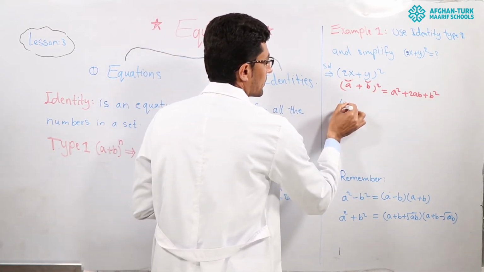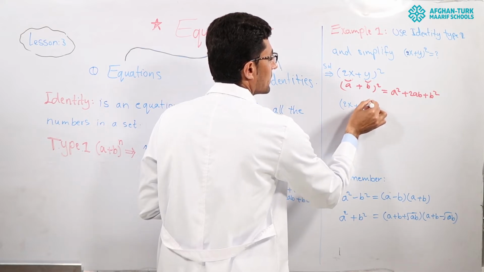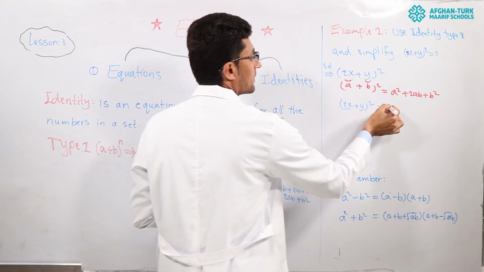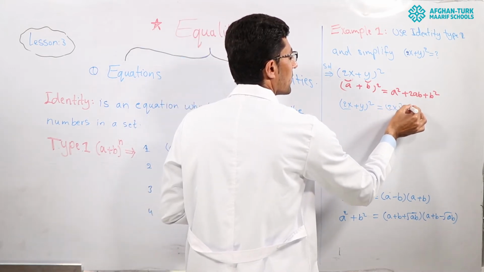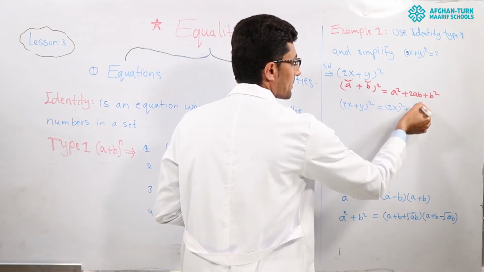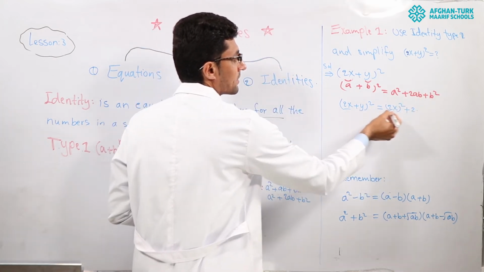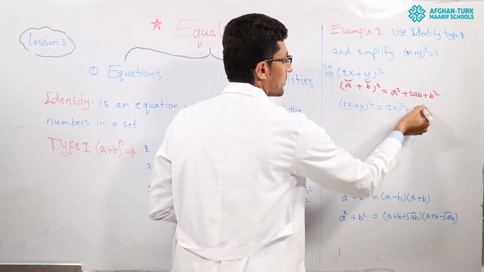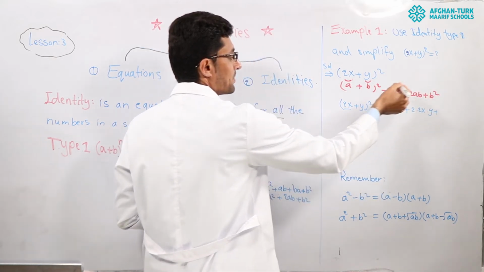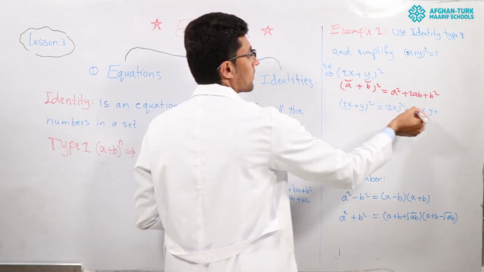Okay? Now, I can compare this with this. Okay? 2x plus y whole to the power of 2. A square, it means how much is a? 2x to the power of 2 plus 2 multiple. How much is a? 2x multiple. How much is b? Y plus b square, it means y square.